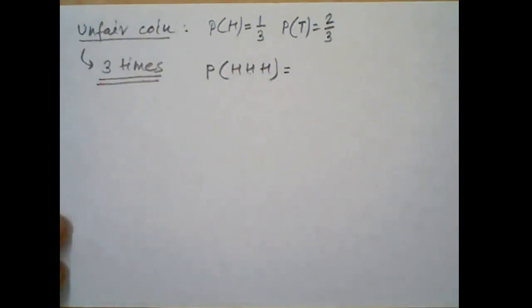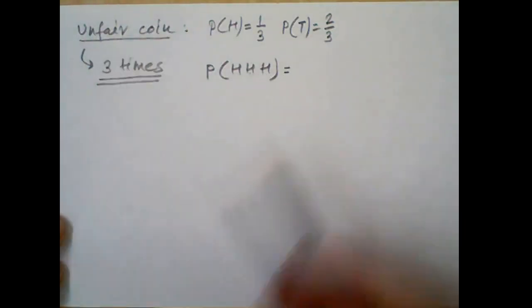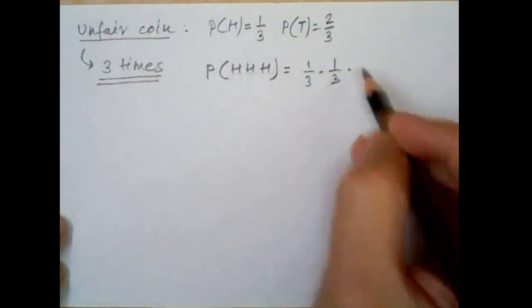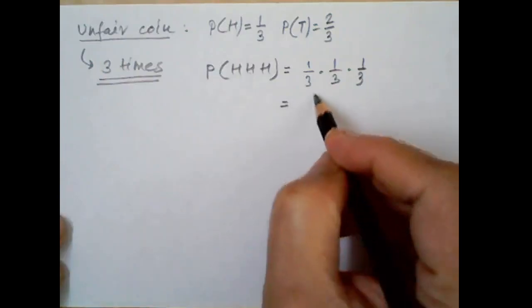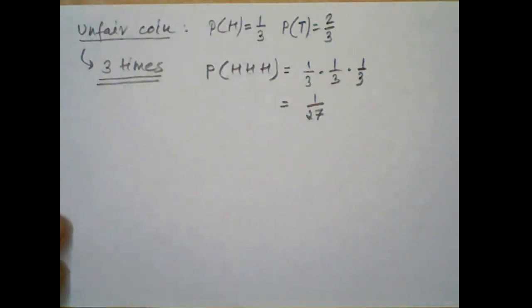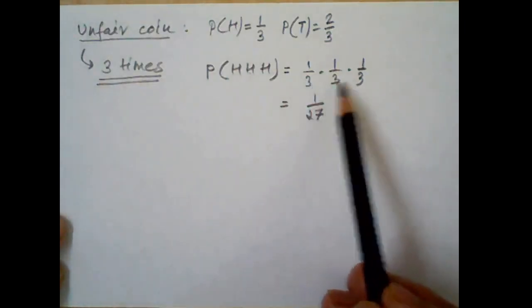We have already calculated this probability in one of the earlier videos, and the probability of getting H, H, H with this unfair coin is going to be 1/3 times 1/3 times 1/3, and that is 1/27. We already know this, but where is the idea of joint probability over here? The question is, why is it 1/3 times 1/3 times 1/3?